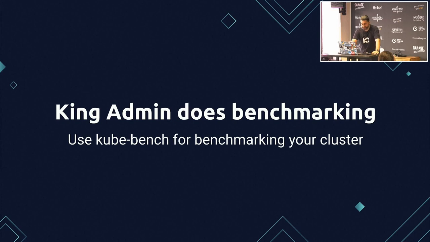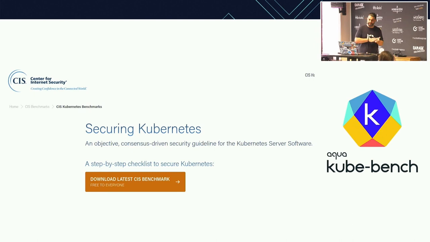And after Falco, you should also do some benchmarking. Okay, you made some configuration, you have your cluster, but is it really configured correctly in terms of security? There is another tool from Aqua, kube-bench. It's actually based on CIS rules about Kubernetes.